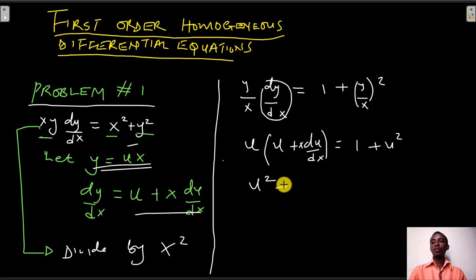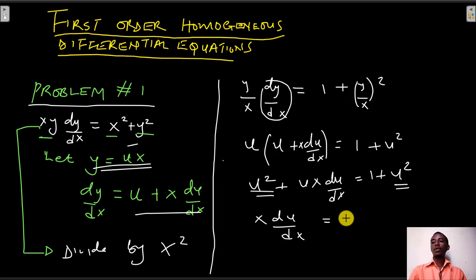This is u squared plus ux du/dx equals 1 plus u squared. So this u squared and this u squared cancel out, and we have ux du/dx equals 1. Okay, so this is a simpler differential equation where we can separate variables.